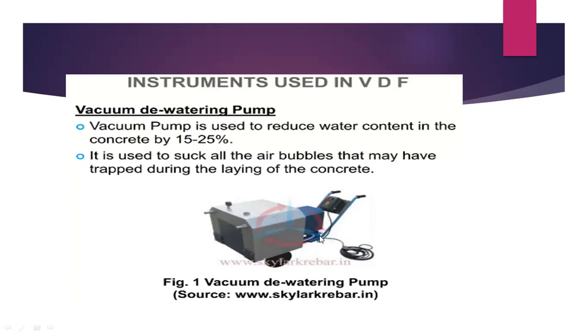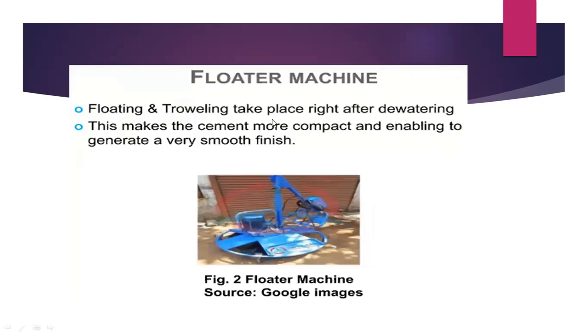After removing the air bubbles, we finish the surface. That finishing is done by the floater machine, which does the floating and troweling after dewatering, so it helps you achieve a smooth finished surface.